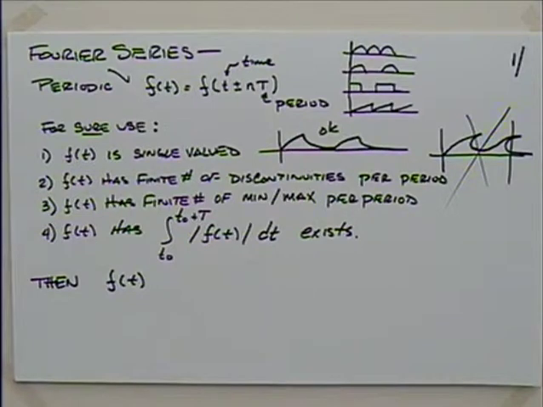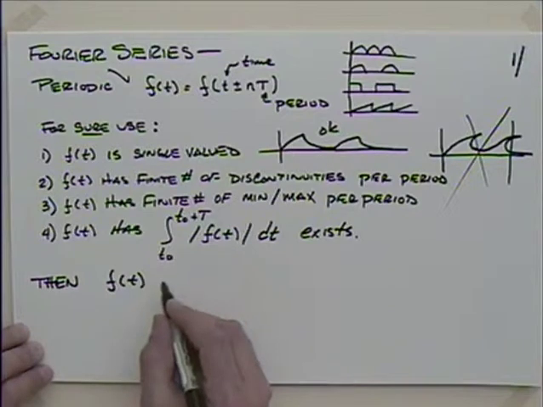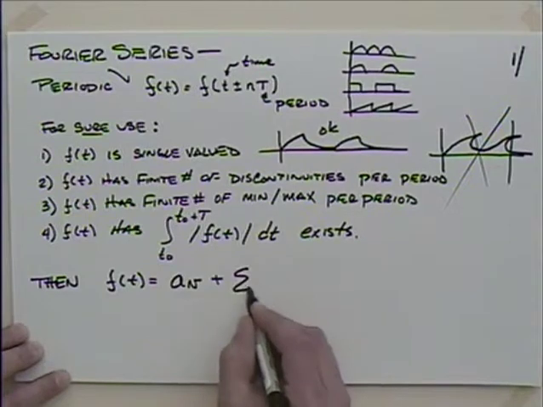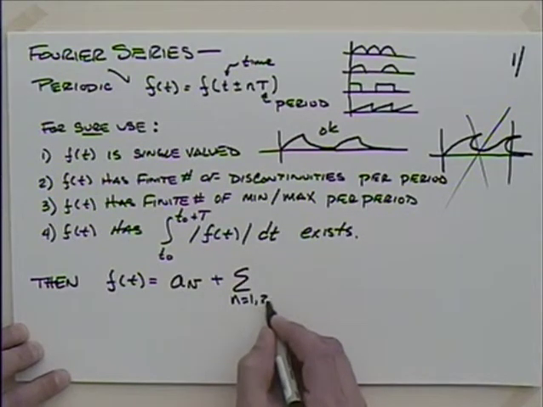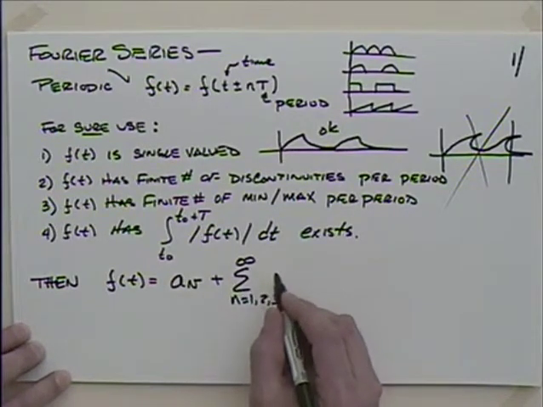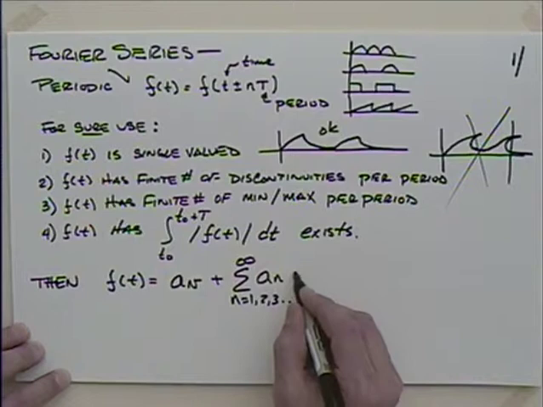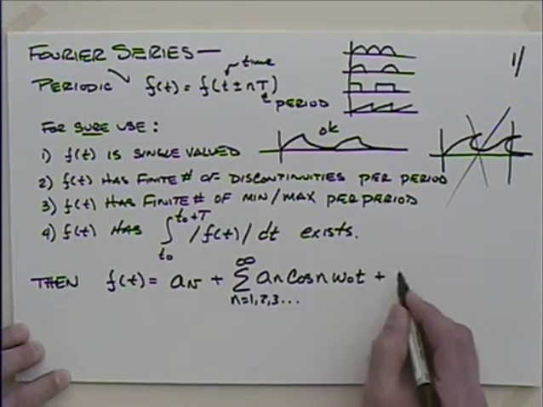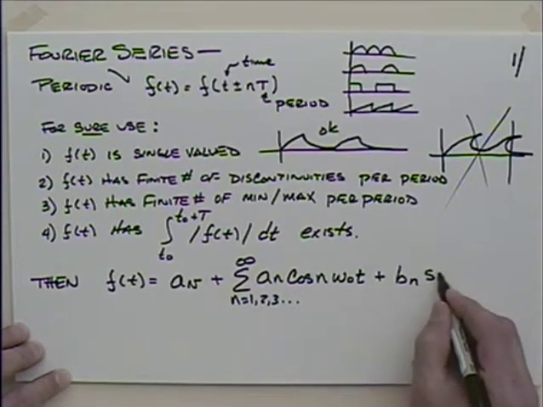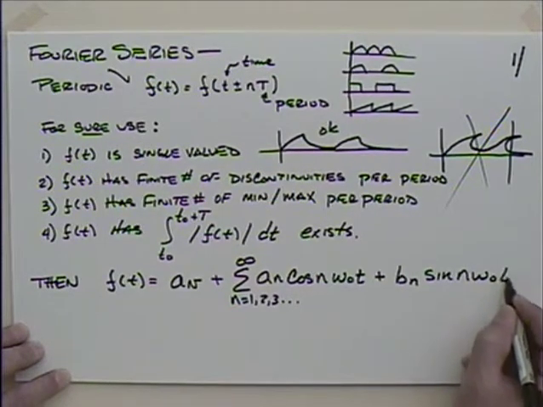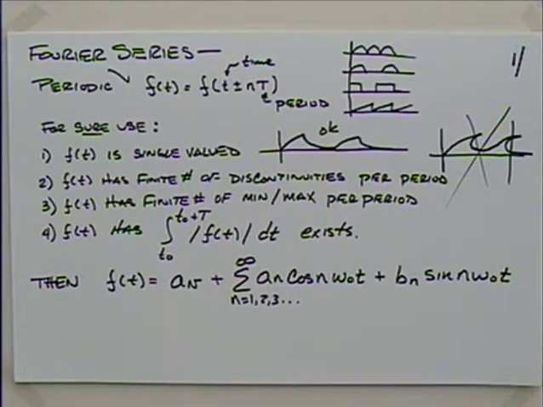I'm not going to say V of t or I of t, although a lot of times we'll talk about current and voltage being represented this way, but this could really be any periodic function, is equal to a sub v plus the sum from n equals 1, 2, 3, and so on to infinity of a sub n cosine n omega naught t plus b sub n times the sine of n omega naught t.